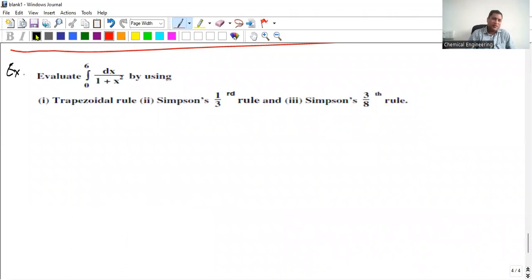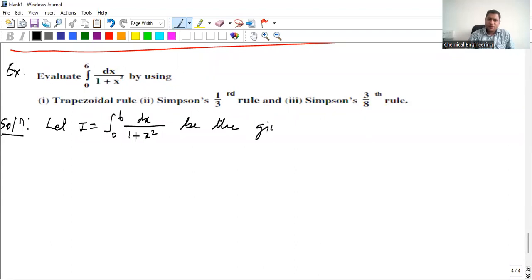The interval is not given, the number of subintervals is also not given, and the table is also not given. So what we have is I equal to the integral from 0 to 6 of dx upon 1 plus x square, the given integral.